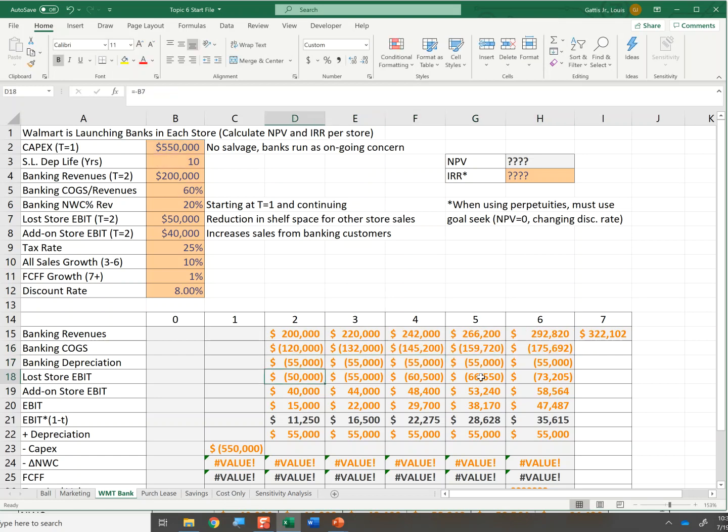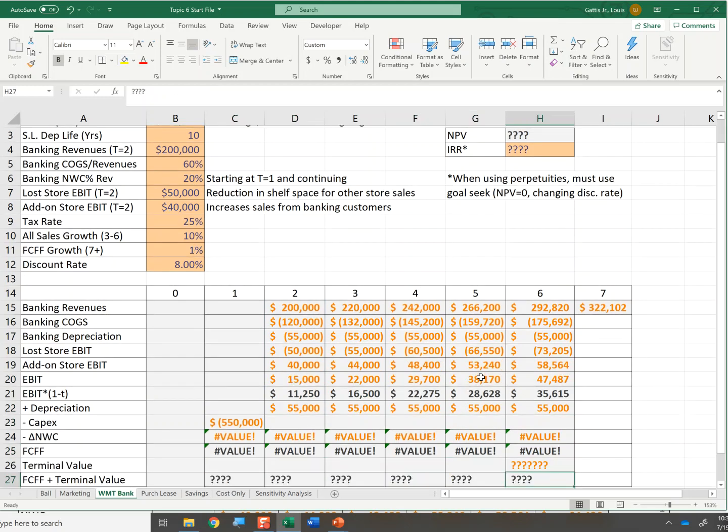I have my lost stores EBIT. So these aren't actually sales. These are actually the cash flow, or the EBIT, associated with those sales. The extra sales you generate from foot traffic, the EBIT of those. There's my total EBIT, my EBIT after tax, add back depreciation, subtract CapEx. There's no residual since this is an infinite life project. We're not just going to scrap things.